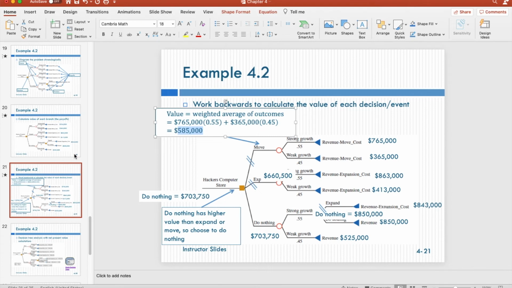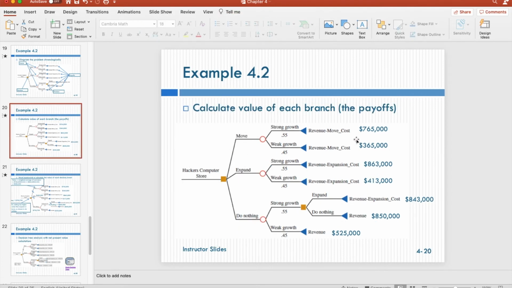Now, after I illustrated the move to new site branch, if I decide to expand on the current site, what is the expected profit? The key idea is exactly the same. Although the numbers shown here are different, to calculate expected profit you just use 55% times the 863,000 plus 45% times the 413,000.